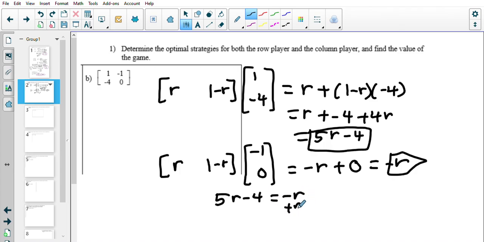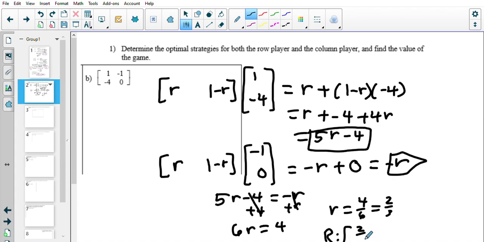We can add R to both sides and add 4 to both sides. That gives us 6R equals 4. So R equals 4/6 or 2/3. So it looks like our row strategy should be 2/3 for the first option and 1/3 for the second option.